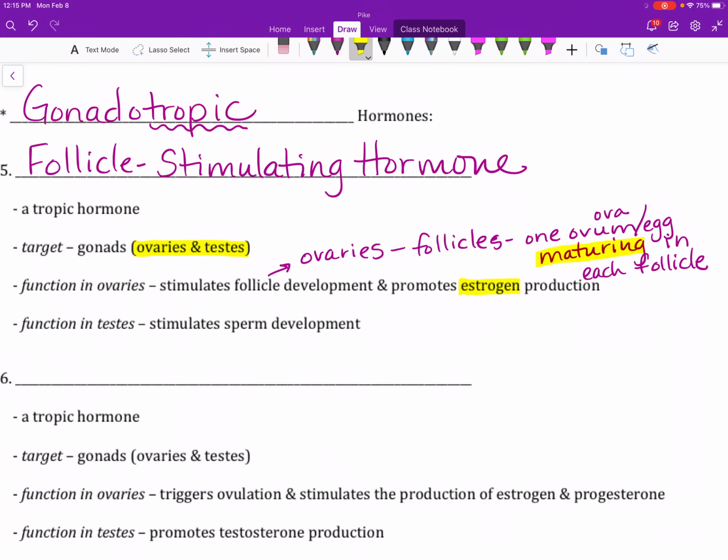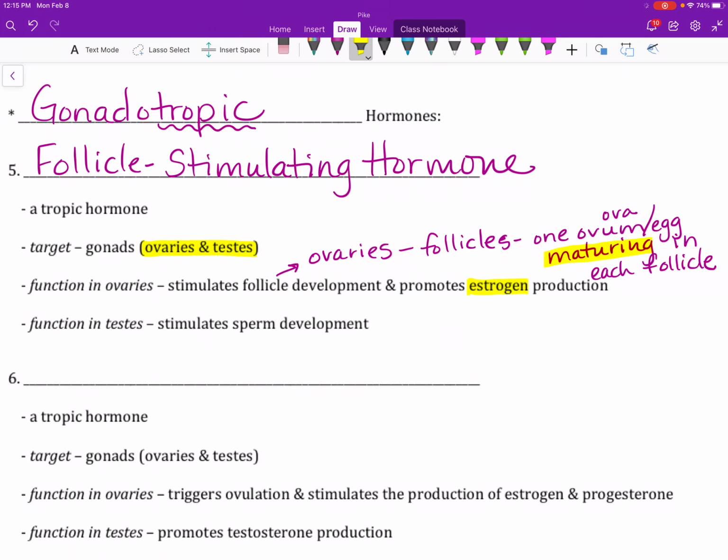Males also have follicle stimulating hormone, even though they don't have follicles. So all it does in males is it stimulates sperm development. Females are born with all the ova, all the eggs that they're ever going to have in their lifetime. Males constantly produce sperm from puberty until death, right?